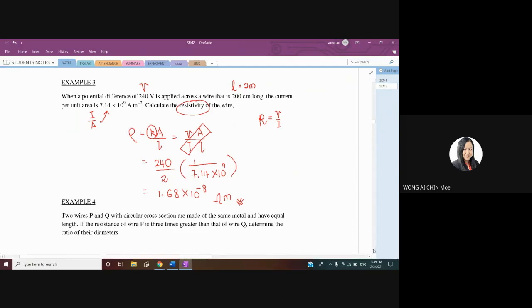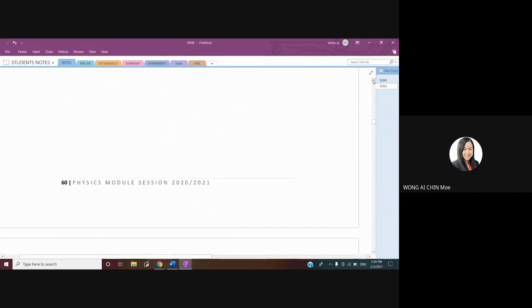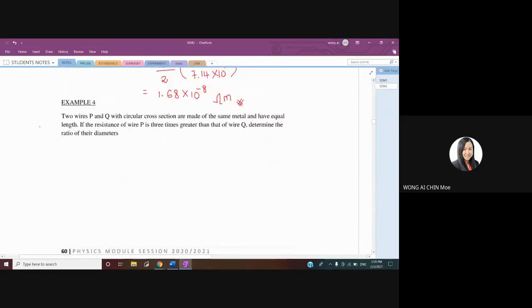Your homework is Example 4, but maybe we can go through it a little. Two wires P and Q with circular cross-sectional area are of the same metal.